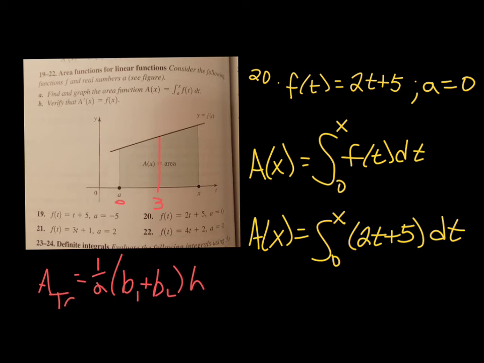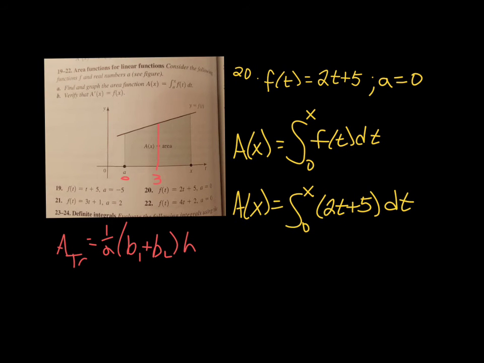Okay, so this trapezoid is off on its side, so you got to keep that straight. So the height, let's talk about the height first. The height would be found by taking your endpoints and subtracting them. So, right, our height ends up being 3. But we ended up subtracting them to find the difference between the two.